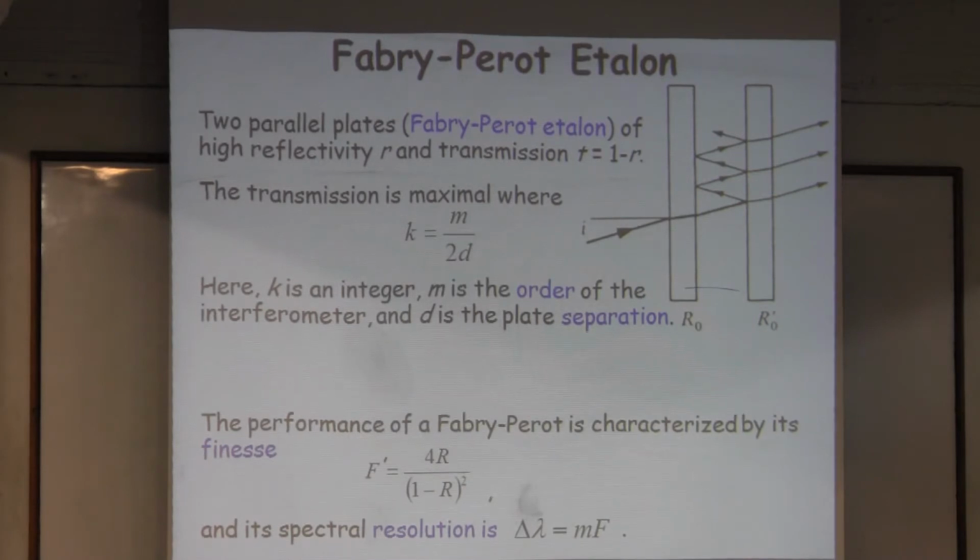On one hand, we want maximum throughput from here to here. On the other hand, we want maximum reflectance here, so that the light has the maximum number of reflections back and forth, so that essentially no light gets out here again, but it's always reflecting and interfering. To combine the two requirements, I think this is not classically explained.